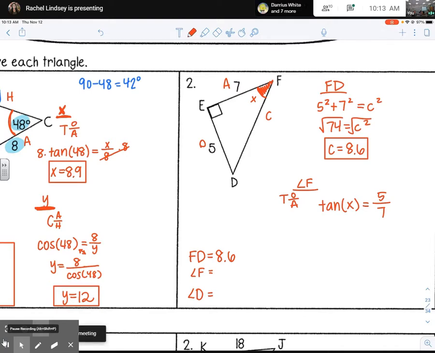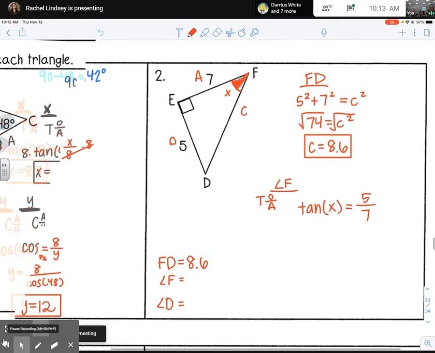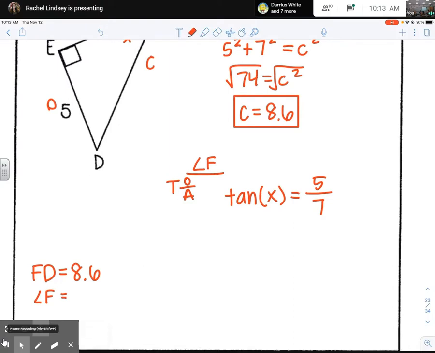So if I want to find X, what do I need to do on tangent X equals 5 over 7? How do you get the tangent away from the X? Inverse. So inverse both sides, and I'll have tangent inverse 5 over 7. It's important that you put the trig function on that as well.